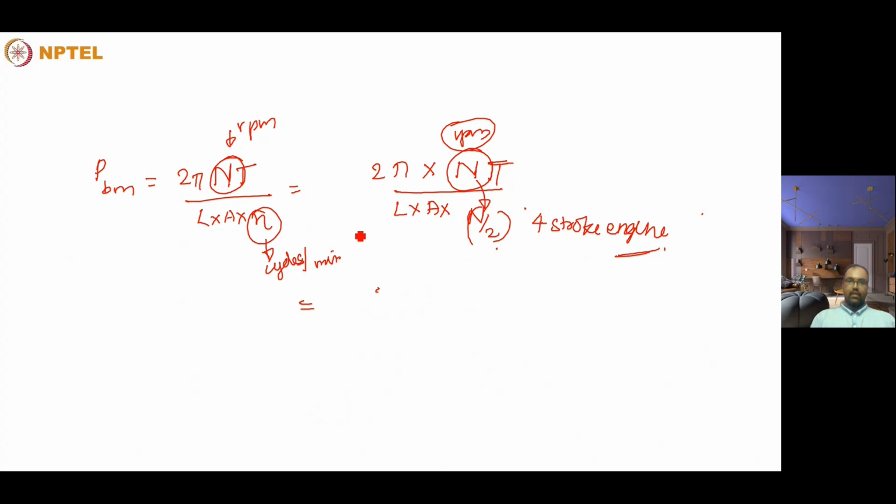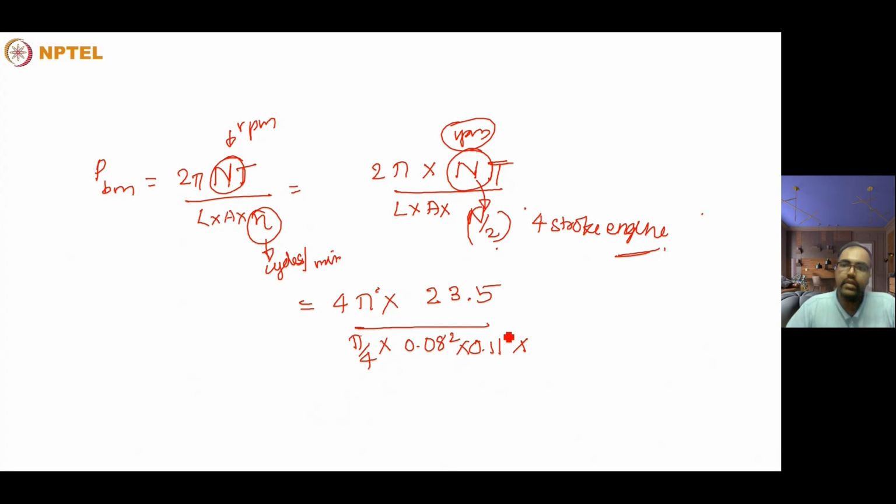So these two get cancelled out, and it will come around 4 pi into torque 23.5 divided by pi by 4 into area, where bore diameter is 80 millimeters, so 0.08 squared, multiplied by stroke 0.11.